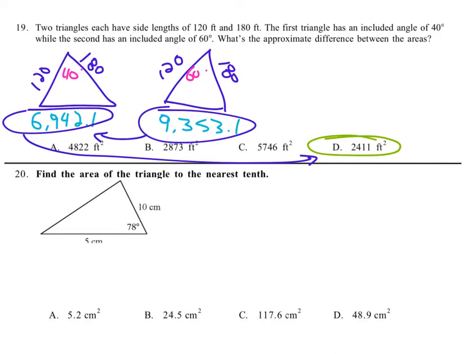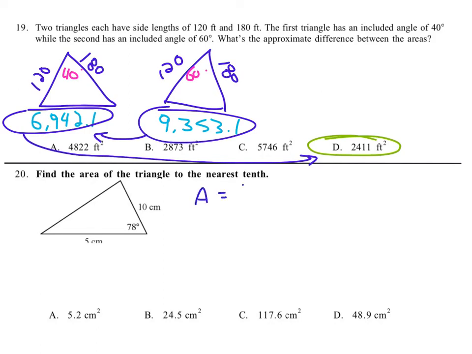Now this is just find the area to the nearest tenth. Pretty straightforward. We're going to do the sine of 78 and then times the side length times the other side length times 1/2, and I'll just write it out here one more time because it's good for me to be writing it.